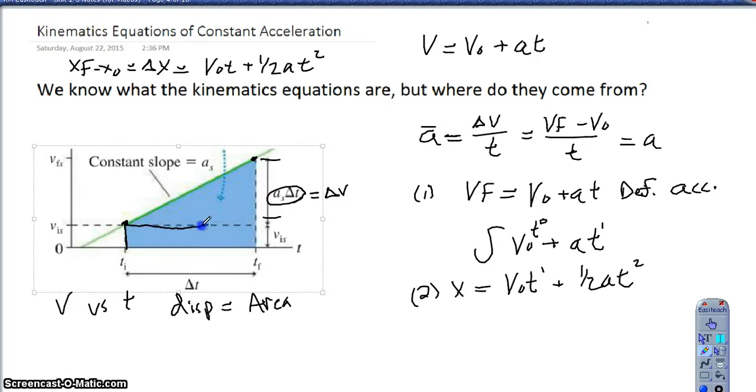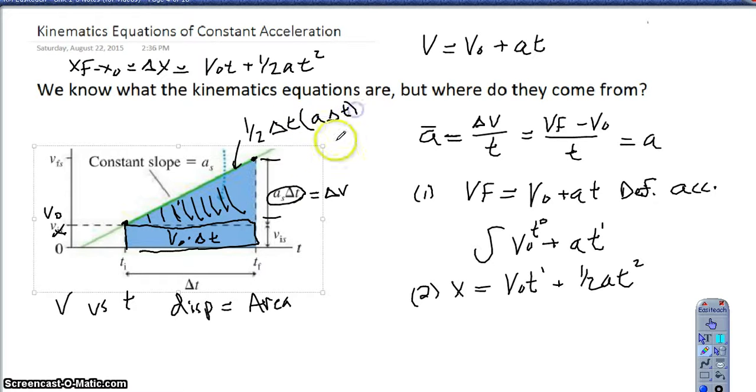Look at the areas. The area of this rectangle is my initial velocity, v sub 0, times my delta t. The area of this triangle would be 1/2 the base, which is delta t, times the change in velocity, which is really just the acceleration times delta t, which when I clean it up is 1/2 a delta t squared.